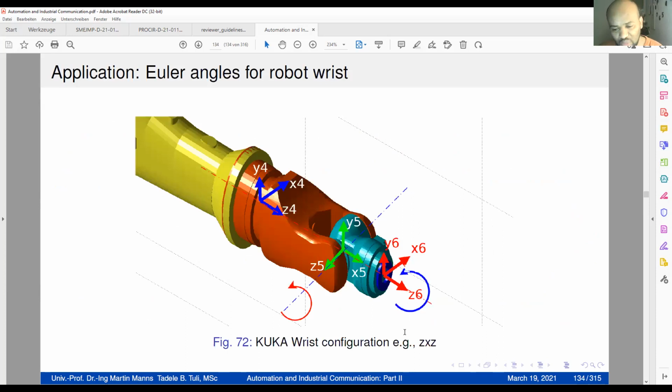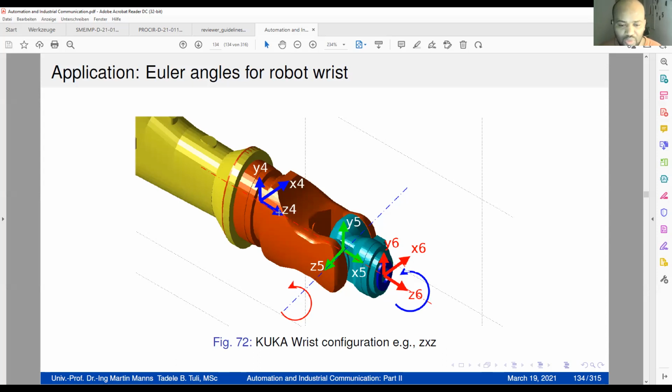So what does that mean? For example, here on figure 7.2, there is rotation along Z6 for this robot flange. Along this there is a Z-axis, so it's rotating about the Z-axis. Now, this flange is rotating about Z5, as you see here, and this Z5 is the axis of rotation.